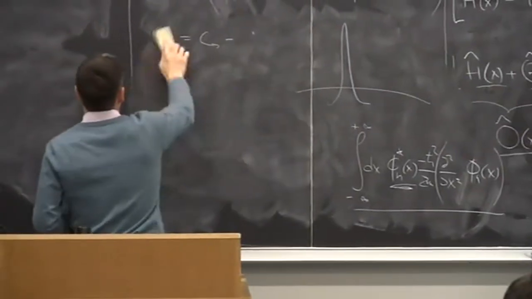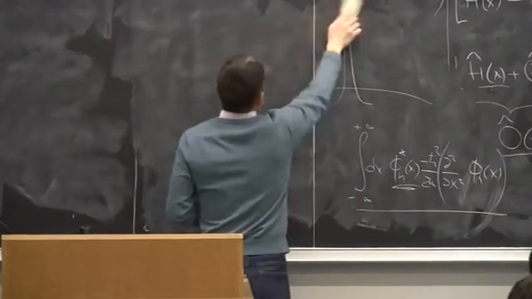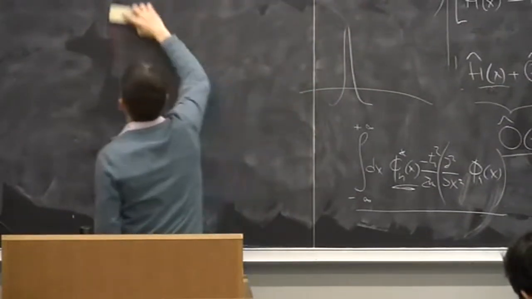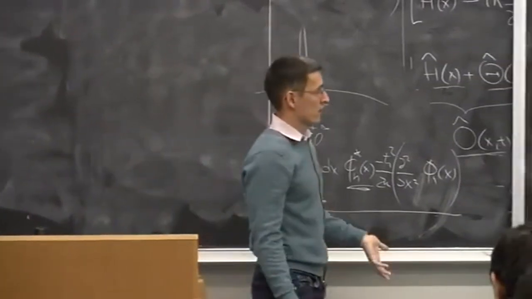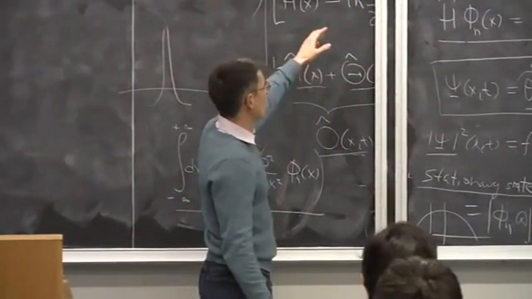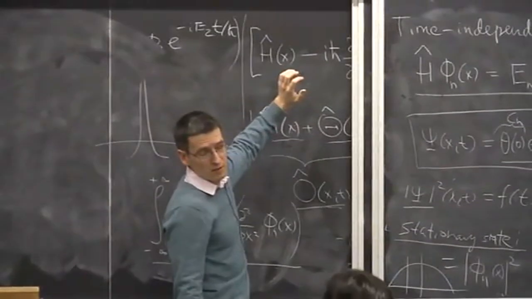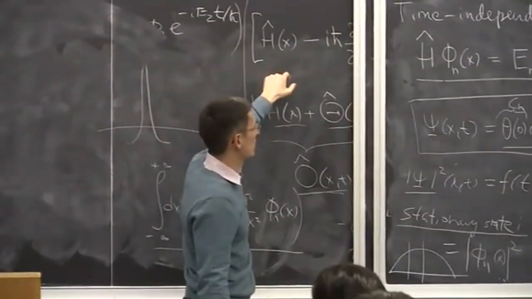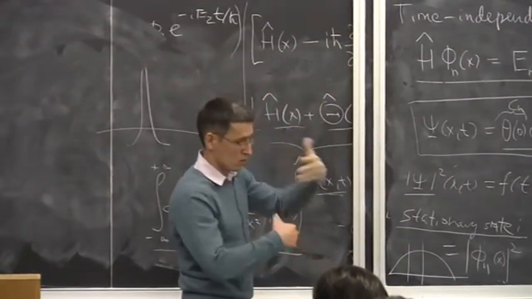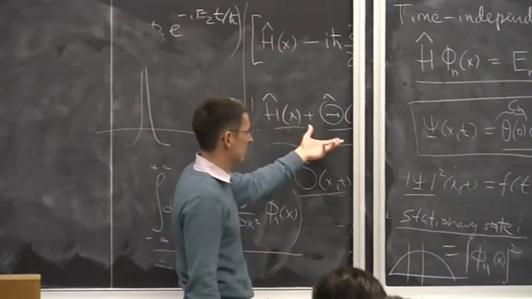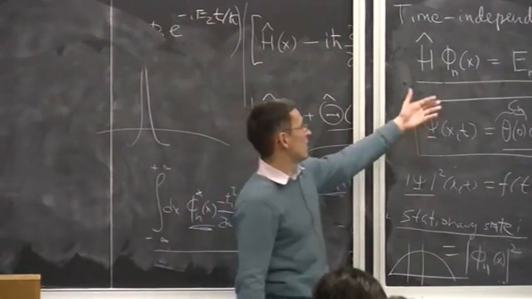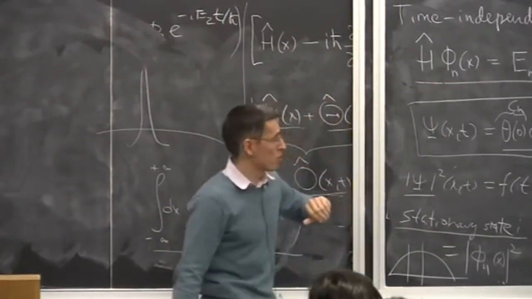But yeah, the main point was that now, for the situations where the potential doesn't depend on time, we know how to break down the time-dependent Schrödinger equation into an easily solvable time-dependent part and the time-independent Schrödinger equation.